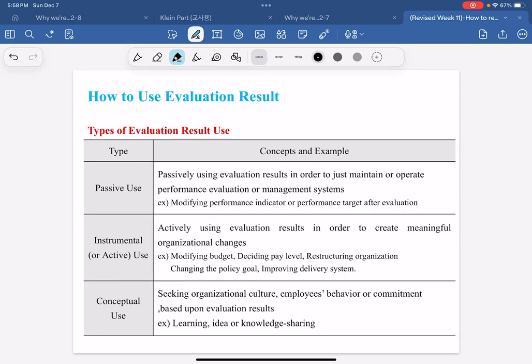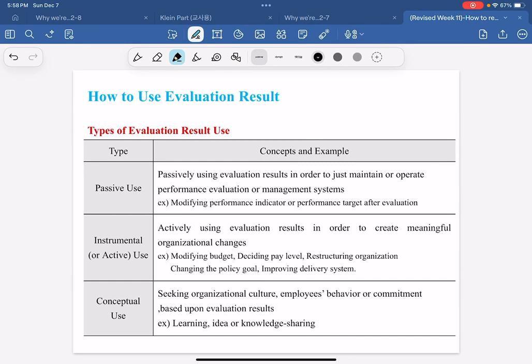Lastly, conceptual use. This means a more abstract, more fundamental, more ideal use of evaluation result. Conceptual use can be interpreted in terms of organizational learning. An evaluation report includes very important and valuable knowledge about a policy.